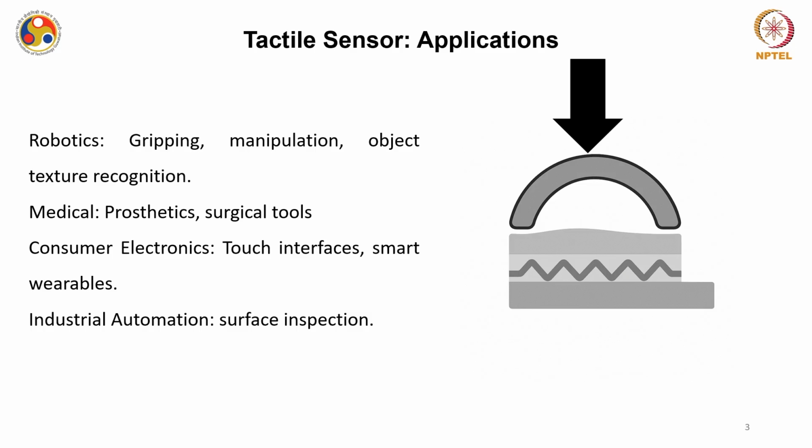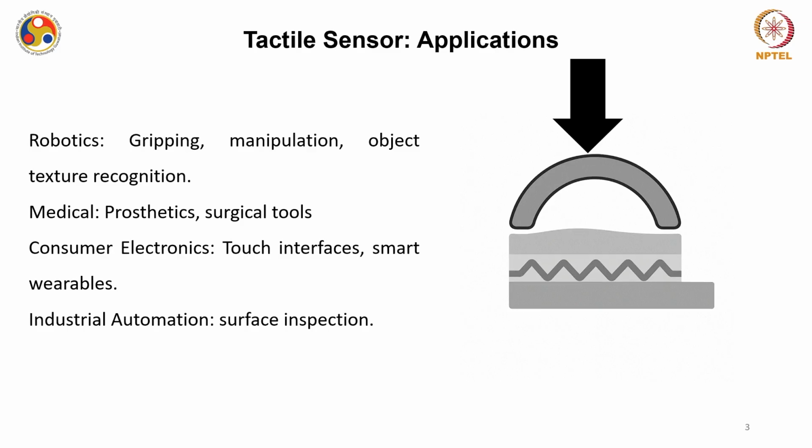In consumer electronics, we see every day a device based on a tactile sensor, which is our mobile phone. The touch sensor that your mobile has is basically a tactile sensor, which you interact with nearly every day. All the touch interfaces are based on these tactile sensors.